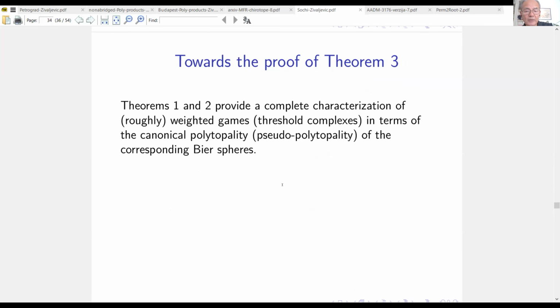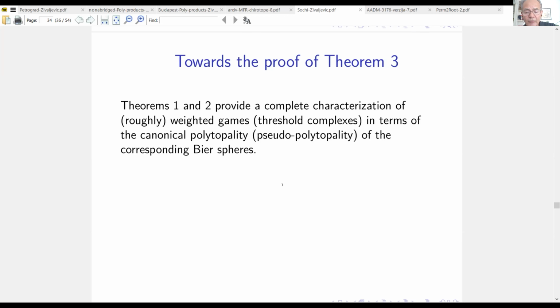But I would like to spend more time in the last part of my talk on theorem 3. So you remember, theorem 3 is experimental and algorithmic, and I want to share with you some insight, and maybe some of you might have ideas how to improve and how to extend our boundary of 11 vertices to 12 or more vertices to test polytopality of simplicial spheres.